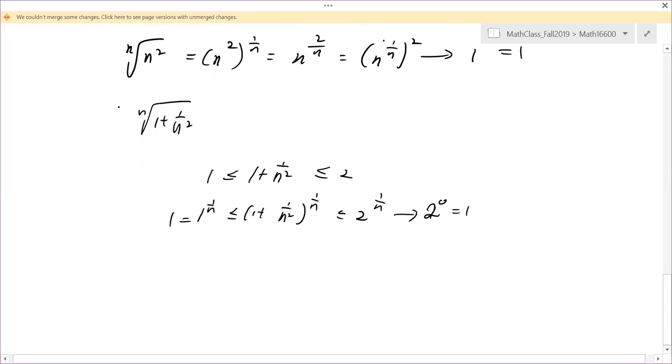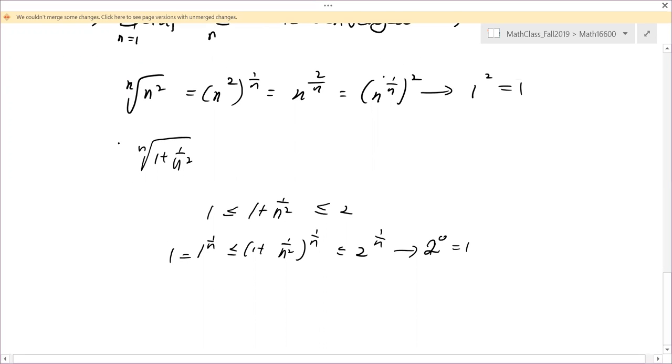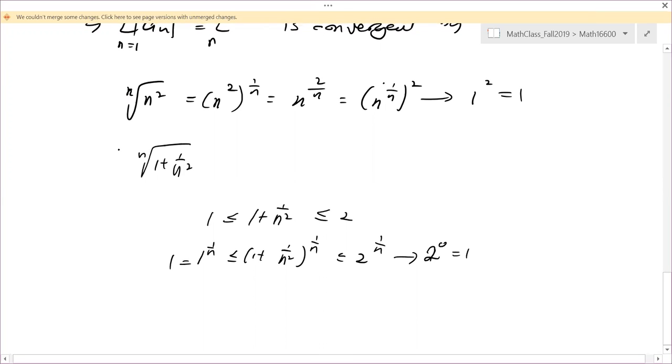It's a little bit complicated. If you want to use the root test, you have to give a proof. If you don't give the proof, you lose a point. If you use the ratio test, you don't need to prove these two facts. This part is known. But for the second part, why does this approach 1?